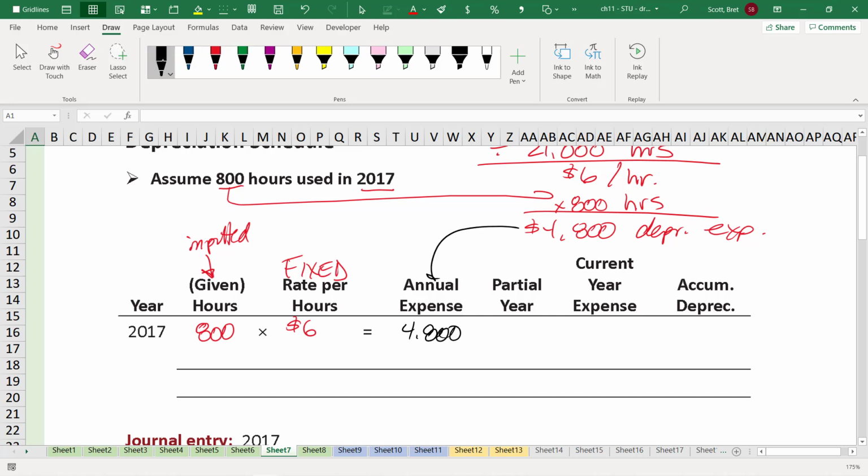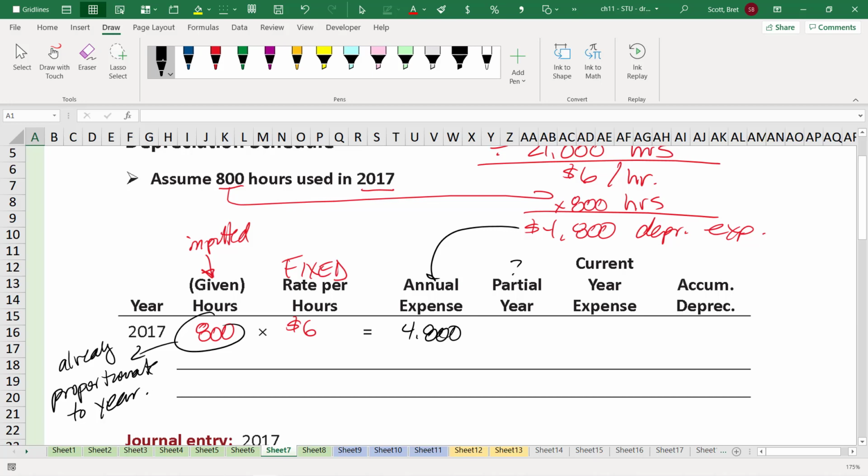Now, the question comes down to this. Do we need to worry about a partial year? Not in the case of units of production. Units of production, the number of hours equates. This is actually already proportionate to the year.